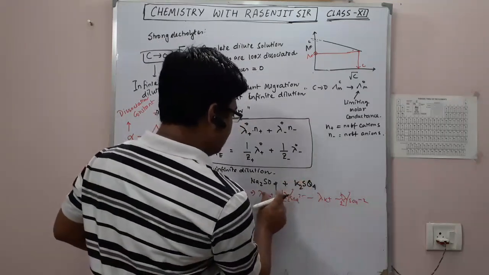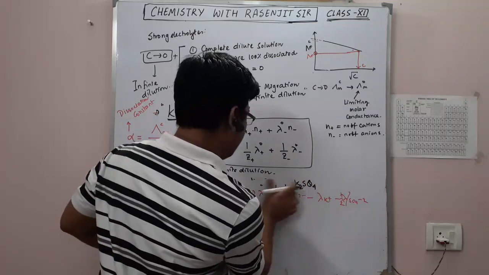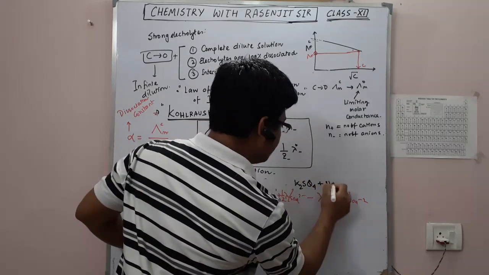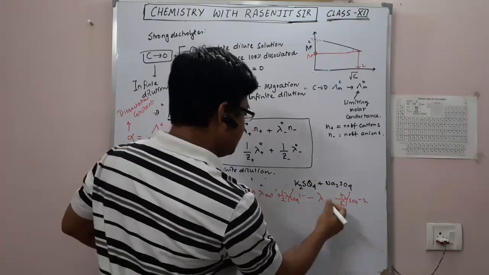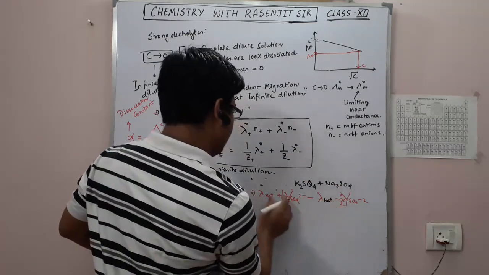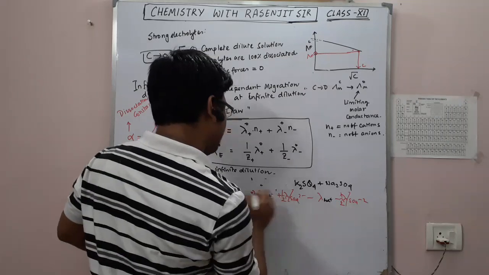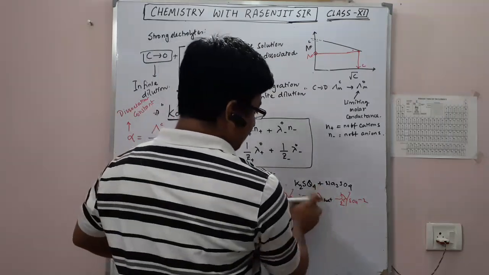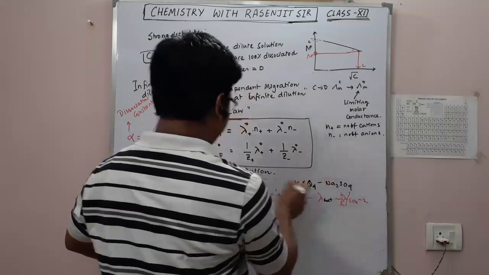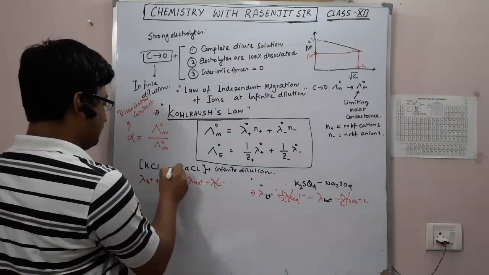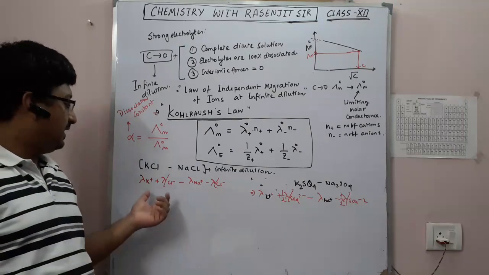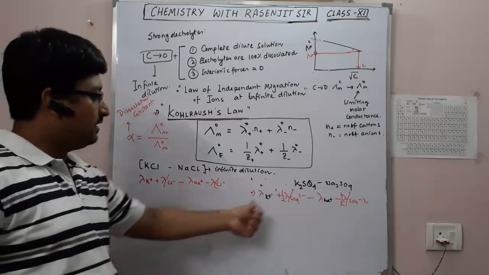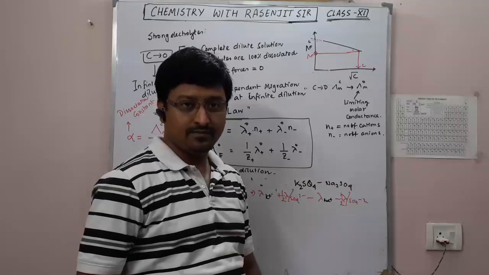Okay, let's take K2SO4 plus Na2SO4. This is Na plus, this is K plus, that's fine. If we subtract, so what will we get? We get lambda K plus lambda Na minus lambda K plus lambda Na.